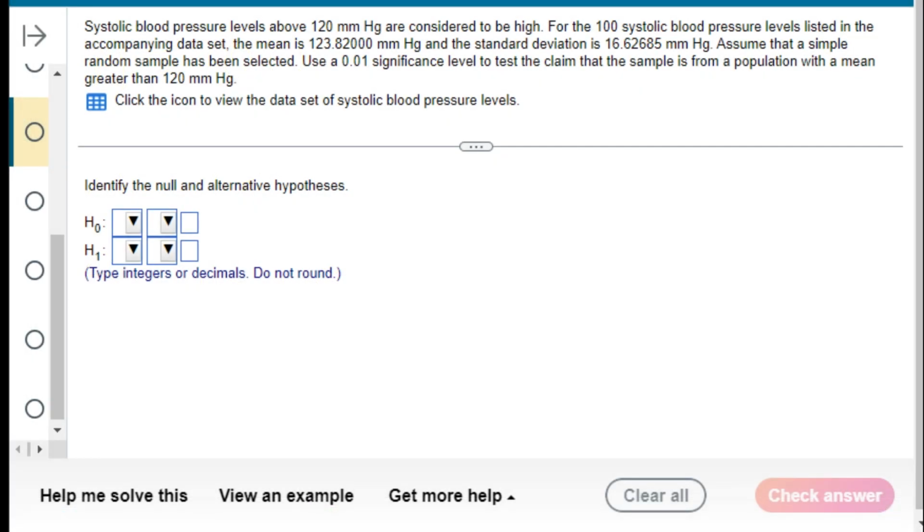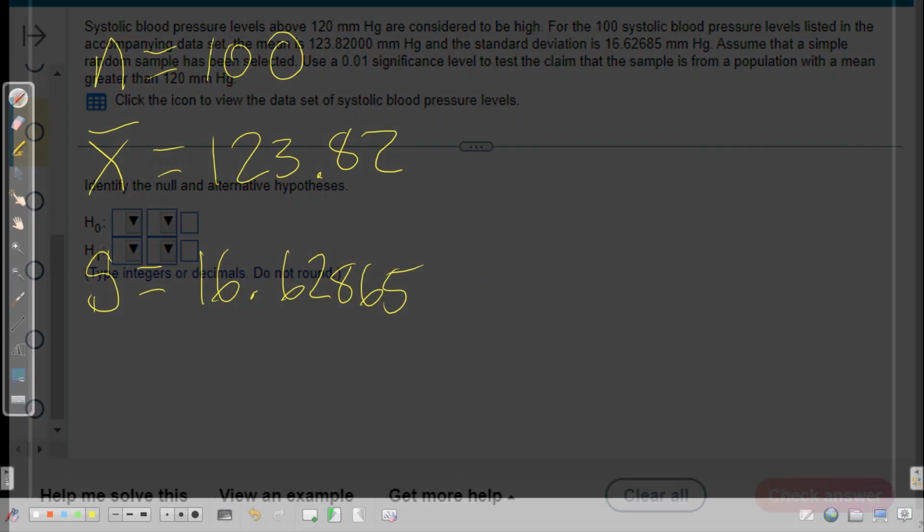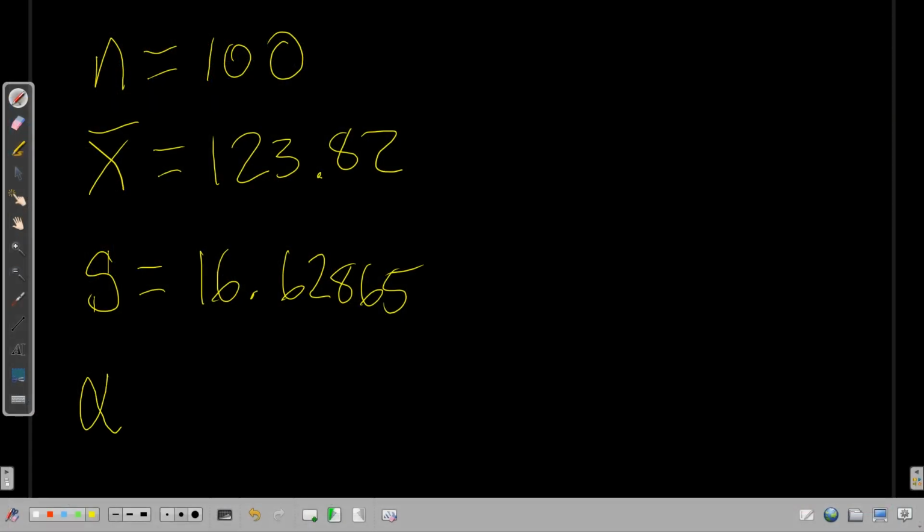And now let's see what they're asking us for. It says use a 0.01 significance level. That means that our alpha is 0.01. Use a 0.01 significance level to do what?